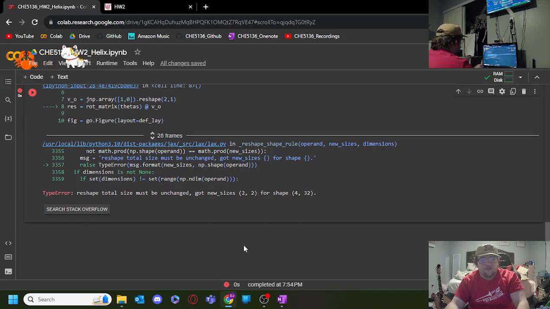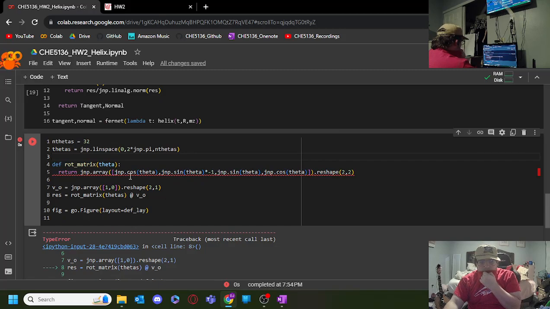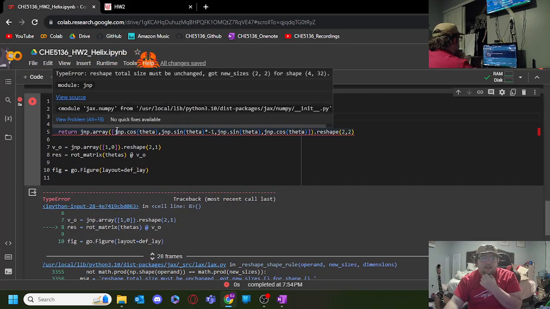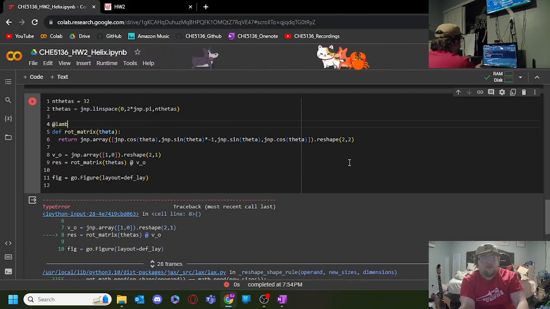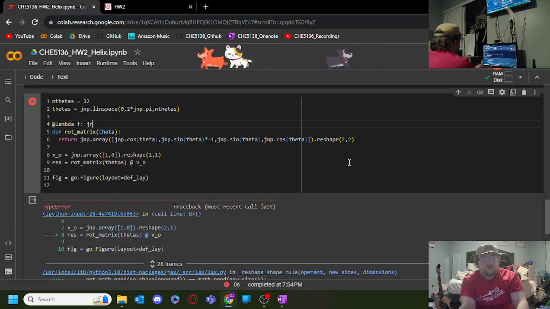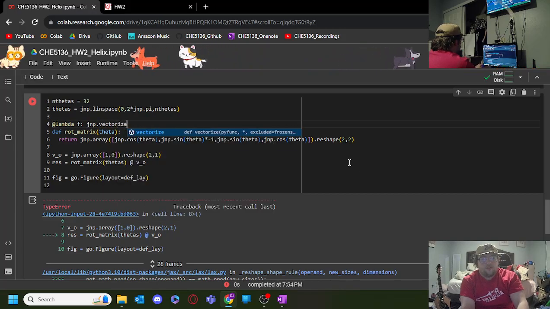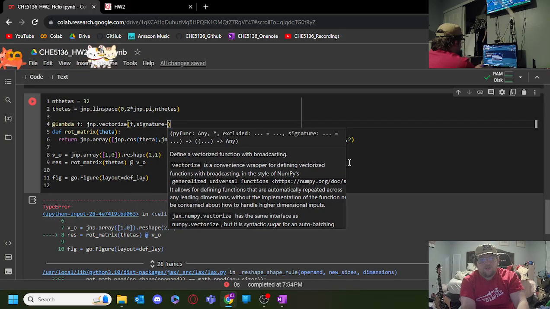What is that doing? Oh, okay. So what's happening here is it's designed to take in a single value, theta, and give out a matrix of 2 by 2. So let me try something. Vectorize.